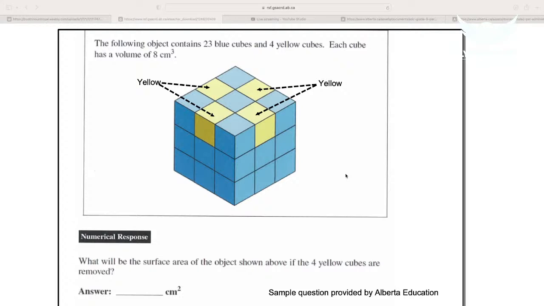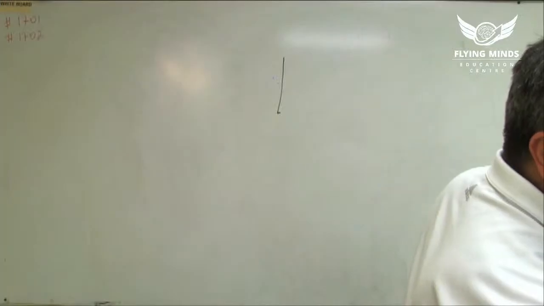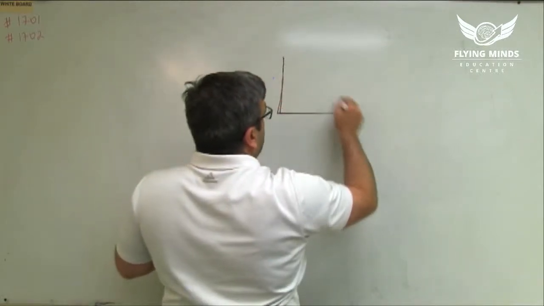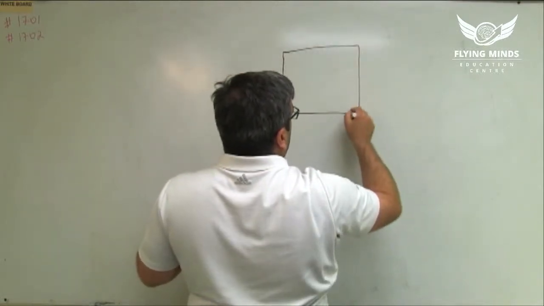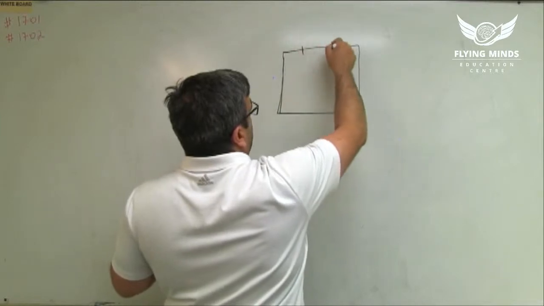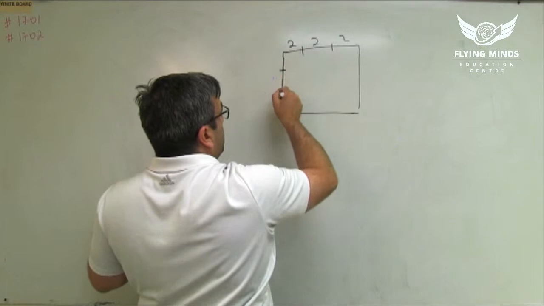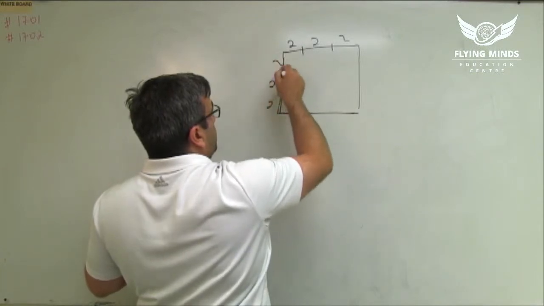So the edge of the big cube will be 6, right? It's 2, 2, 2, and 2, 2, 2.